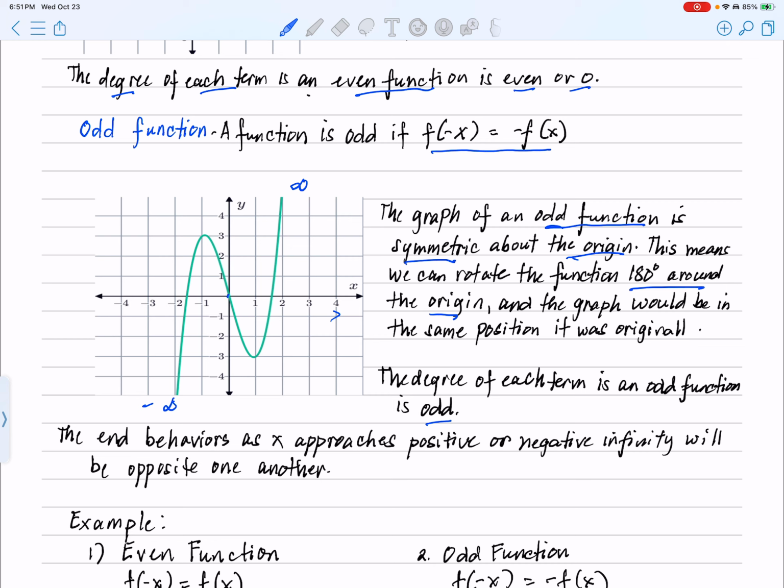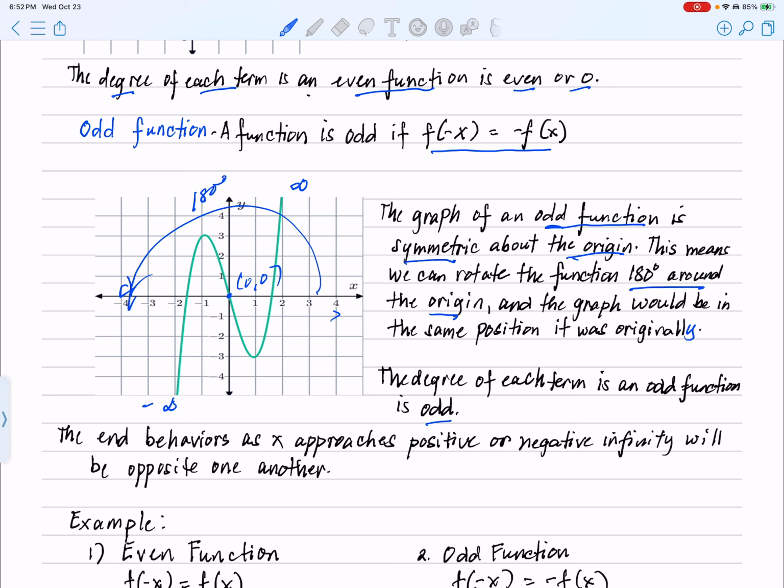Across the origin, our origin here is 0, 0. This means we can rotate the function 180 degrees around the origin, and the graph would be in the same position it was originally.